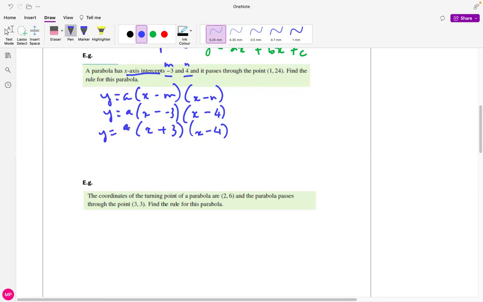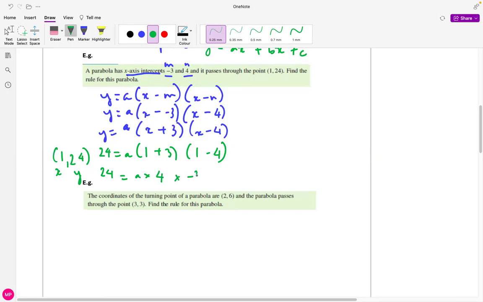Then I have been given a point, 1 and 24. So I substitute 1 for x and 24 for y. So 24 equals a times (1 plus 3) times (1 minus 4). 1 plus 3 equals 4, and 1 minus 4 is -3. 4 times -3 gives me -12a.